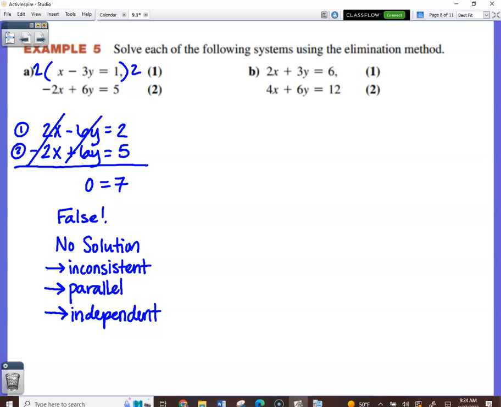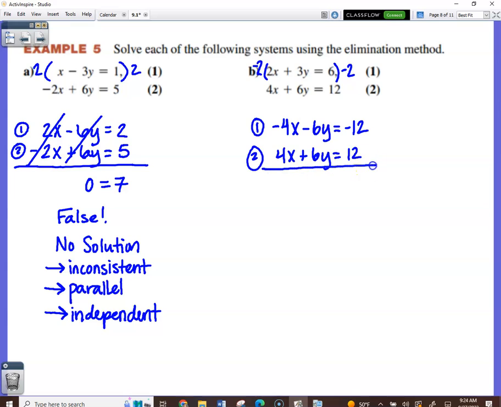I multiplied the top by -2. I get -4x minus 6y equals -12. Equation 2 looks like this. When I go to stack and add straight down, I end up with what?